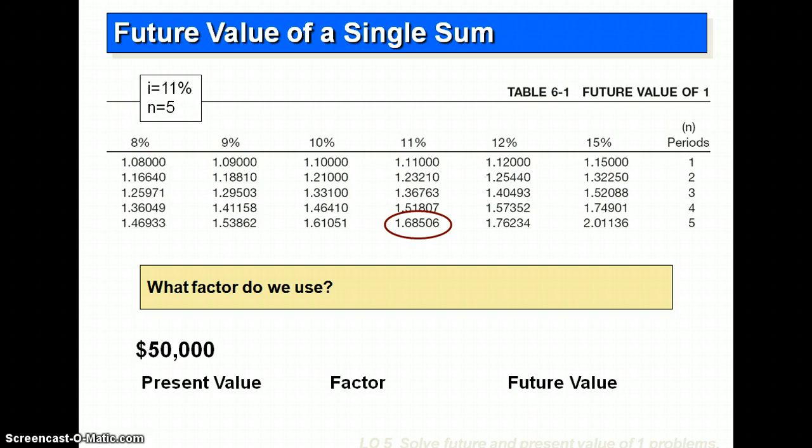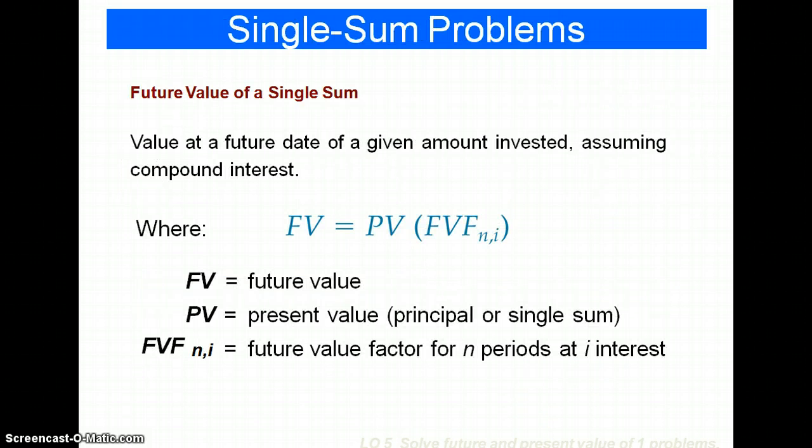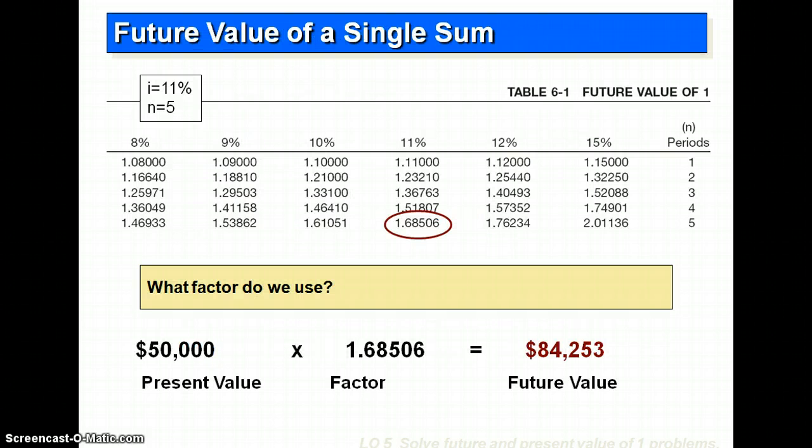The factor I'm going to use is 1.68506. So what this means is the $50,000 in today's money is going to grow to $84,153 because of that future value factor. That is how we would calculate the future value using the table.